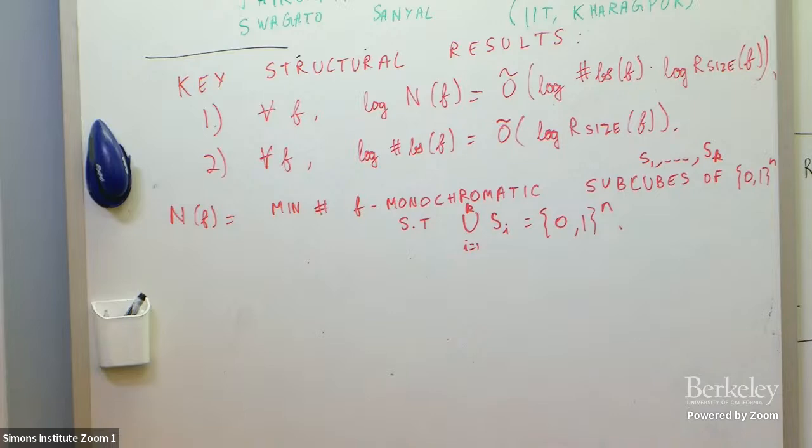It's just a subcube of your original Boolean cube, an affine subcube, where F takes a constant value.